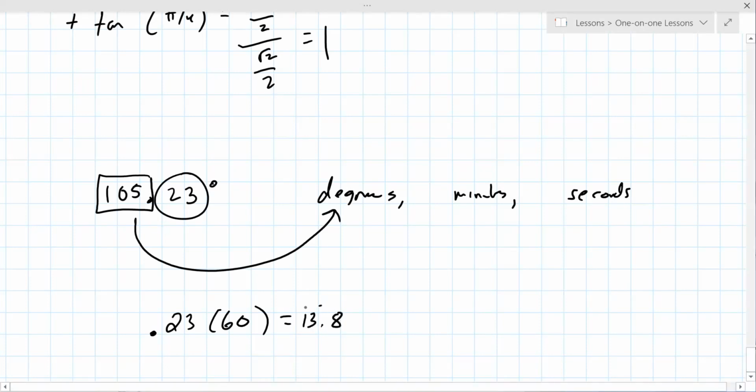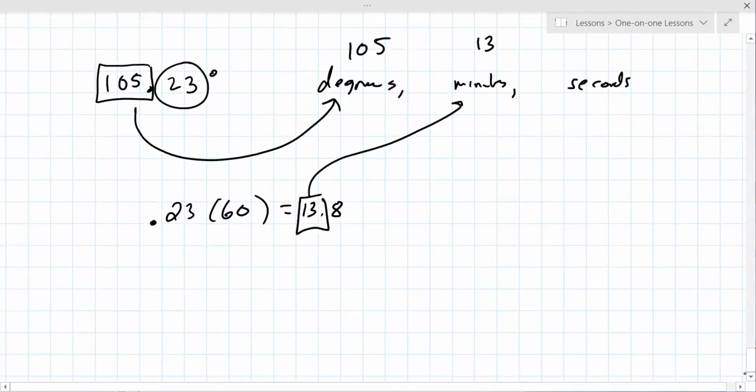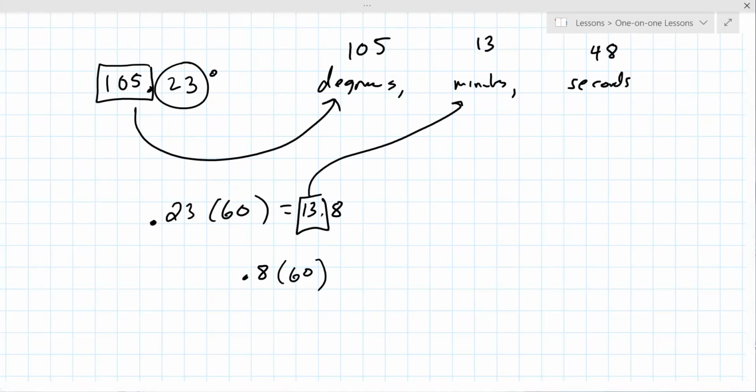So that 13 is your minutes. So we got 105, 13. And now you take that 0.8 and multiply it by 60, and that becomes your seconds. Now it happened to work out perfectly. I actually don't know what you do if it doesn't work out perfectly, but I think it probably will for you on your exam. It's kind of fun.